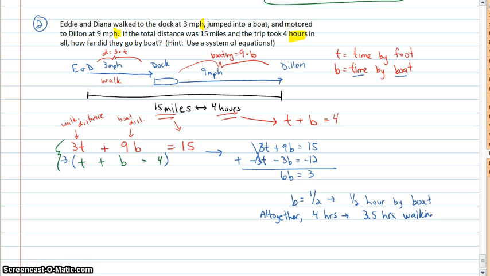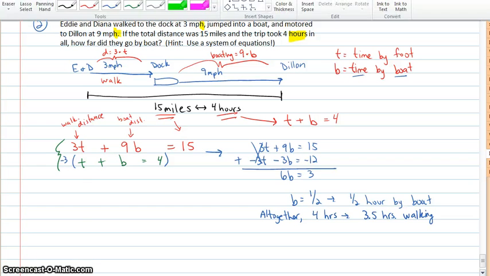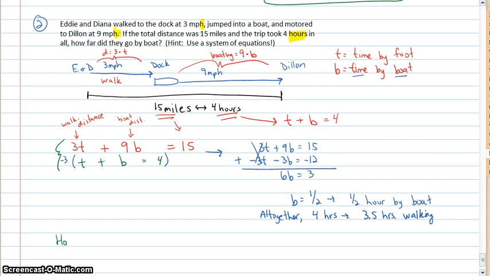Now, has that yet answered my question? No, it says how far did they go by boat. So I want to know a distance. So how far by boat? That distance equals a rate, which we know to be 3, multiplied by a time, which is 3.5.